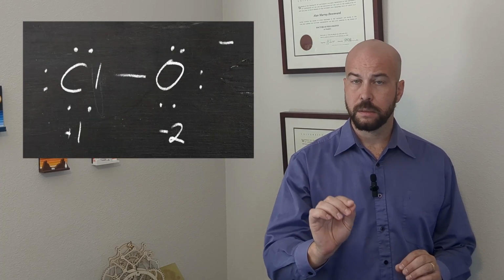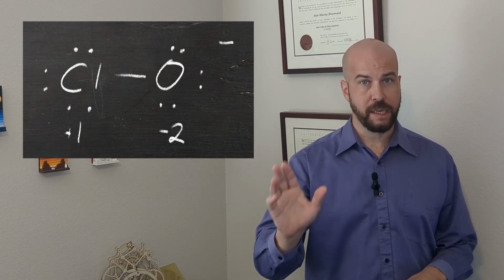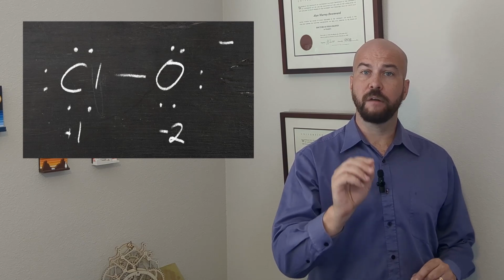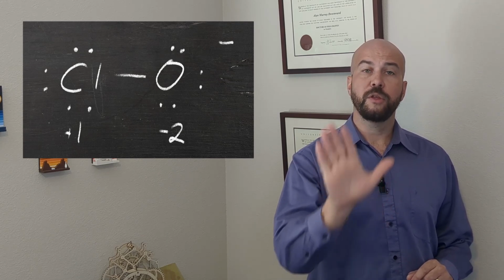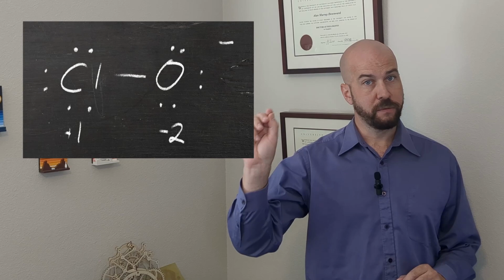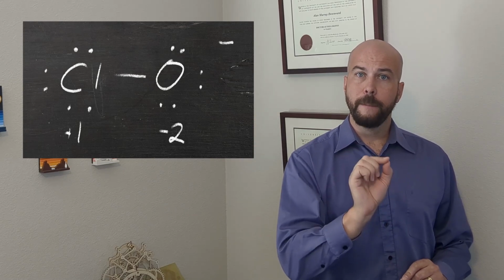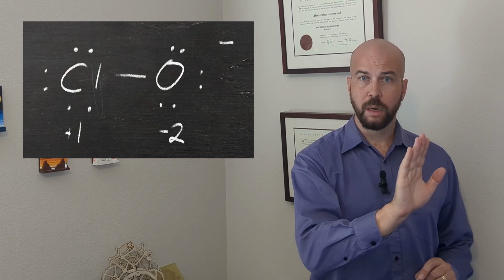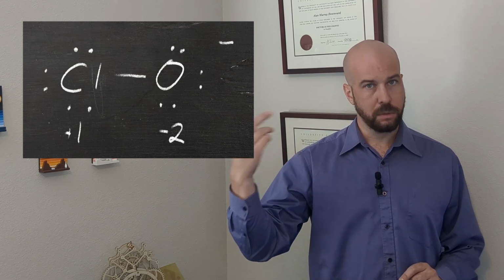The first one is hypochlorite, ClO-. The oxygen will have an oxidation state of -2. The overall charge is -1, so the chlorine must have an oxidation state of +1. +1 minus 2 equals -1.